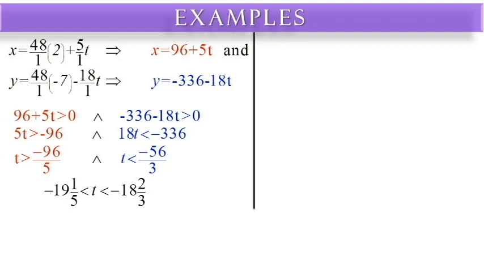So we have 96 plus 5t is greater than 0 and negative 336 minus 18t is greater than 0.